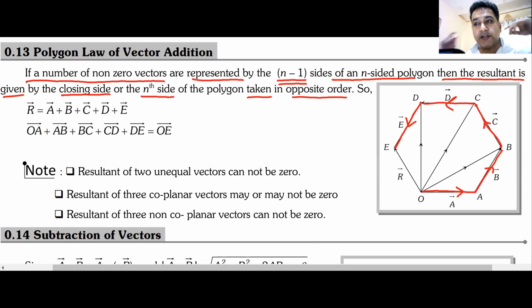Clear? Okay. Now, I will not go into parallelogram law because I just don't want you to get confused. Whether you call it triangular law or parallelogram law, they both are the same. So I will just leave it to you to go through that parallelogram law, or probably we'll do it once we are done with all the questions. Then I'll tell you what parallelogram law is and we'll finish it up here.